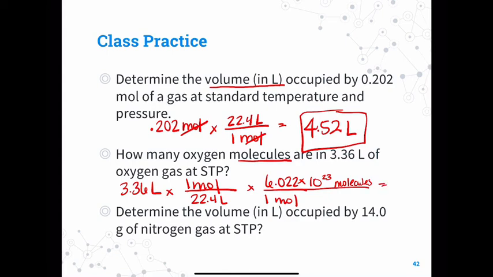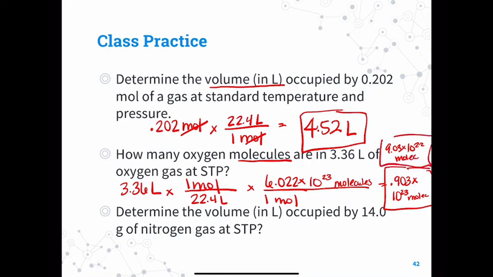Okay, so if we do 3.36 times 6.022 divided by 22.4, then I get 0.903 times 10 to the 23rd. Or you might say 9.03 times 10 to the 22nd. Either would be fine. Both of those would be correct.